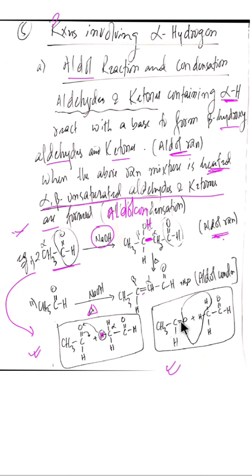CH3CHO, CO is written like this in this direction, and another molecule of the aldehyde is written like this, facing that alpha hydrogen towards this CO. Okay, so we get water removed, and there will be a double bond between these two carbon atoms. Okay, this is aldol condensation reaction.